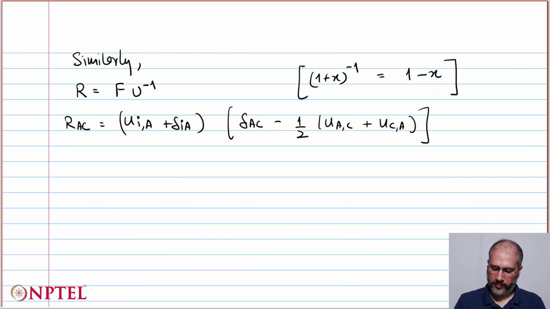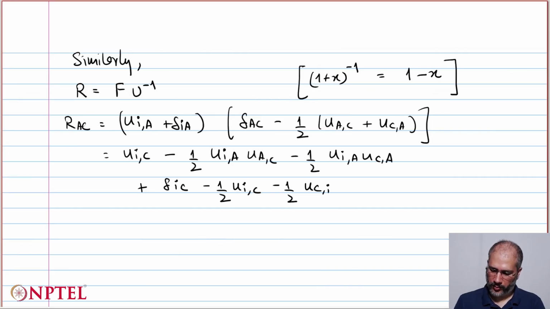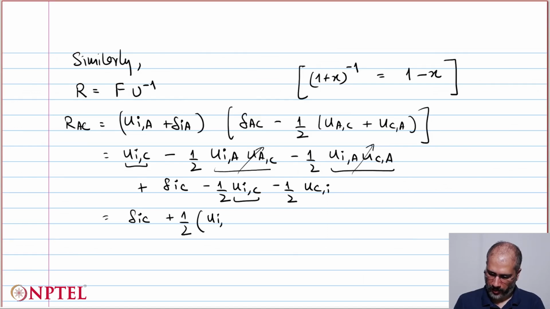So I'll expand this now. We get these terms, but again, this is a product, so for small displacement gradients, this can be neglected. And then we have a u_i comma C and u_i comma C here. So this simplifies to delta_AC plus half of u_i comma C minus u_C comma i. Now this R_AC minus delta_iC.